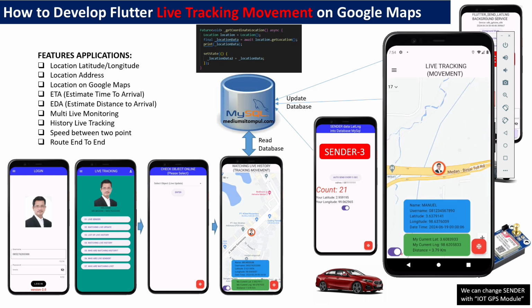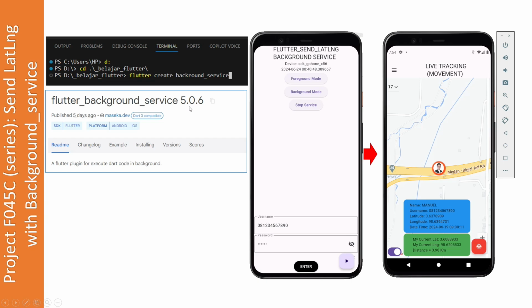Okay, so about tracking live movement, this sender we will change to always on by using Flutter background service. This moment we will develop Flutter background service from zero. This is a live sender. We can use it to send lat long with background service.